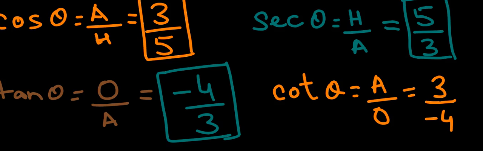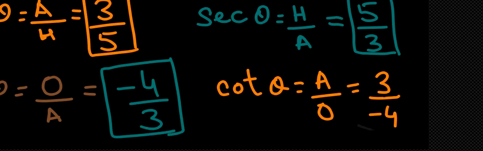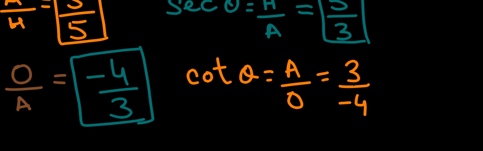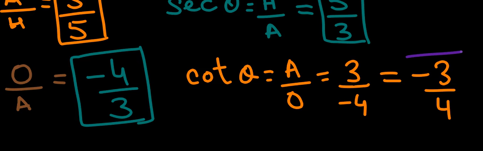Positive over negative is going to give you a negative sign in the answer. So -3 over 4, and that's our cotangent theta, or cot theta. And again, we are going to put it in a box.